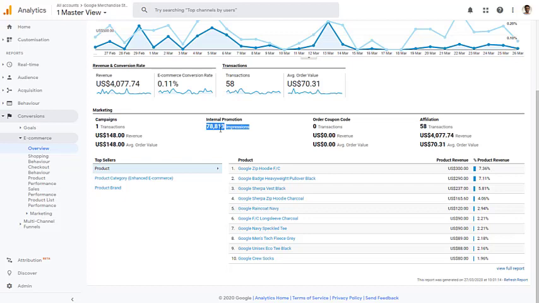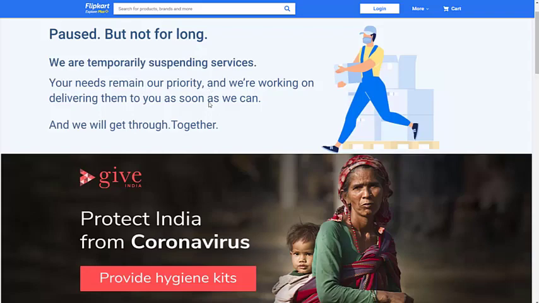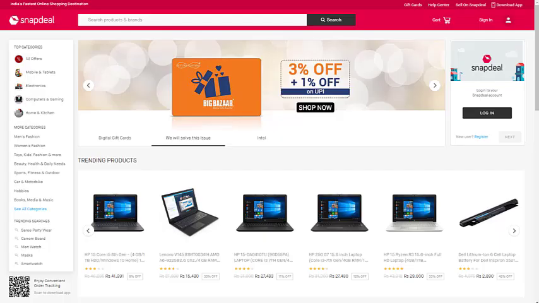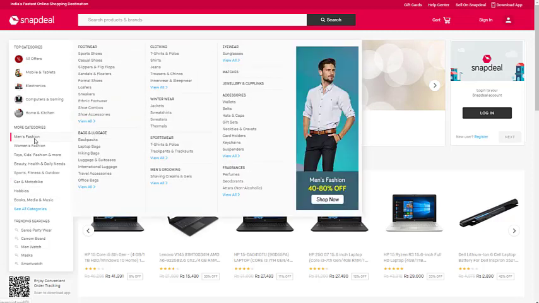So if you are an e-commerce website, what are the important reports you would like to see? For an e-commerce website, important is categories. There are different categories that people can browse through and check different products. So I would definitely like to know which category is doing good for me.